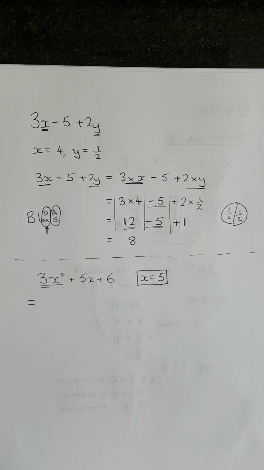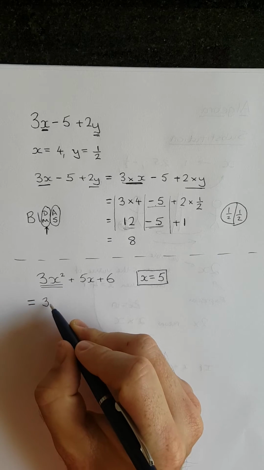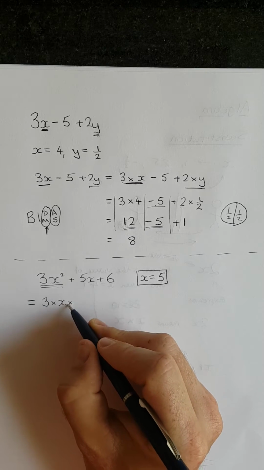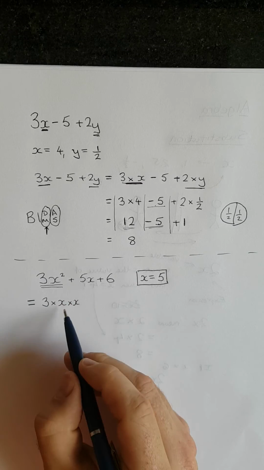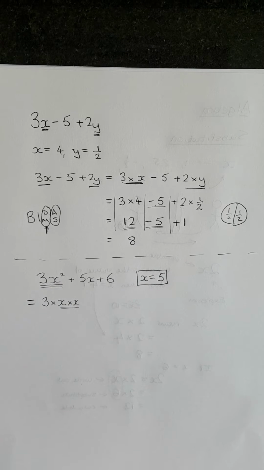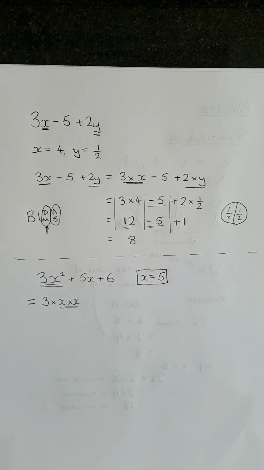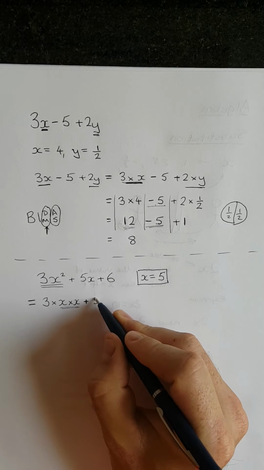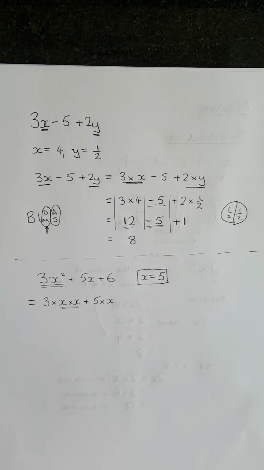So 3x squared is 3 times x multiplied by another x. There's your x squared. A recap on the simplifying algebra video will help here if you're unsure. Then you've got 5x, which is 5 times x.